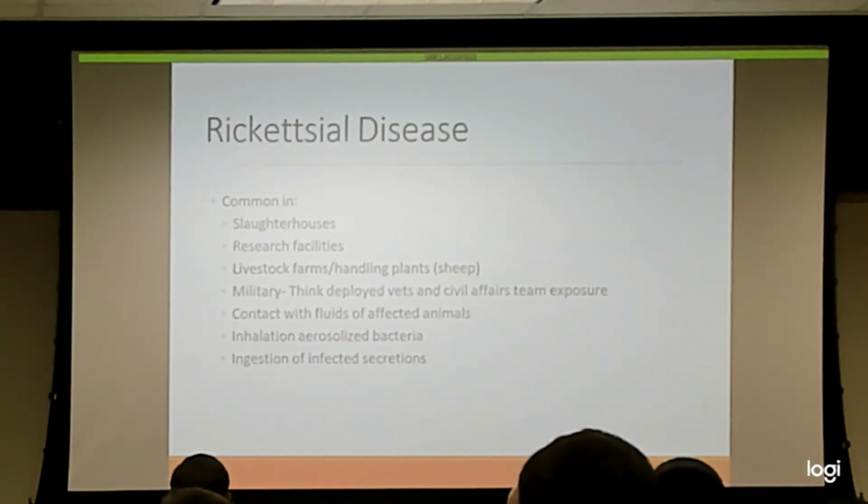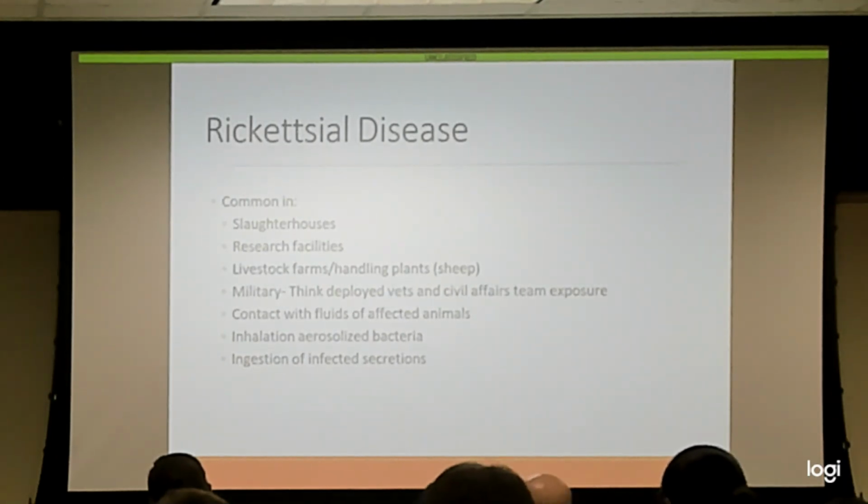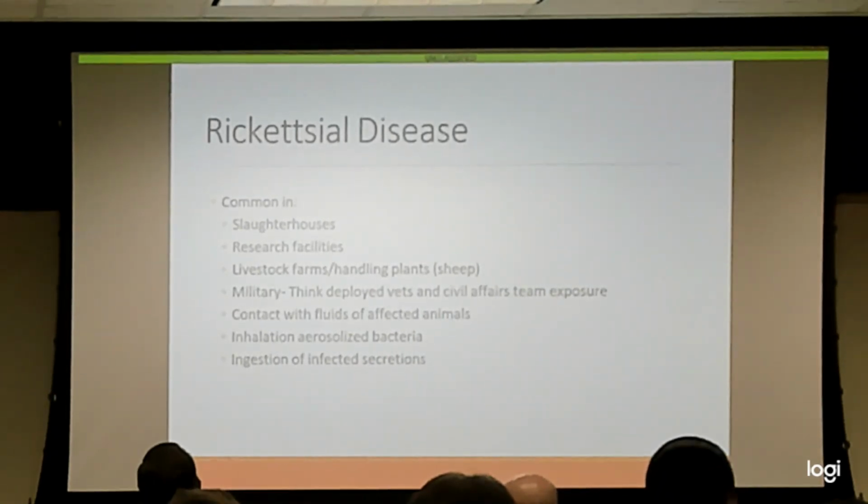So these are a bunch of common places that you may get this: slaughterhouses, research facilities, livestock farms. The Air Force has a great global health engagement team. They go out and do a lot of work around the world with international partners and host nations.